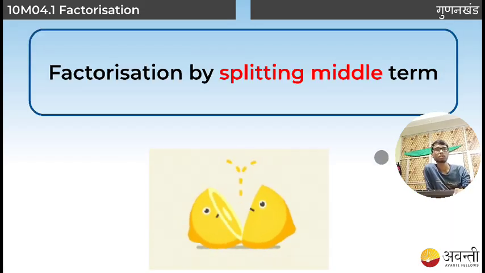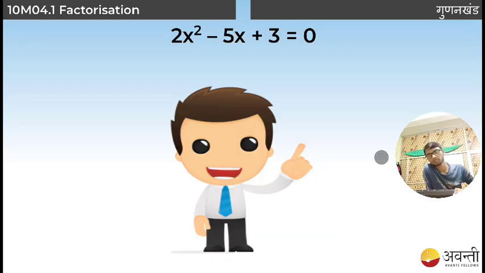Factorization by splitting the middle term. It's the same: 2x square minus 5x plus 3 is equal to 0. Let's see. Will this side become 0? If yes, then we can say we have a solution for this.